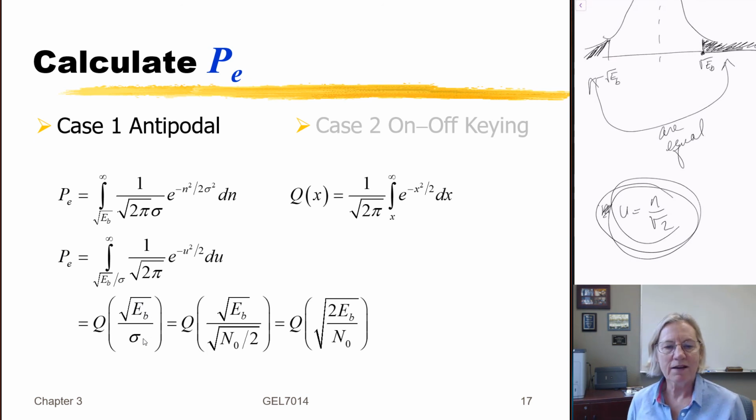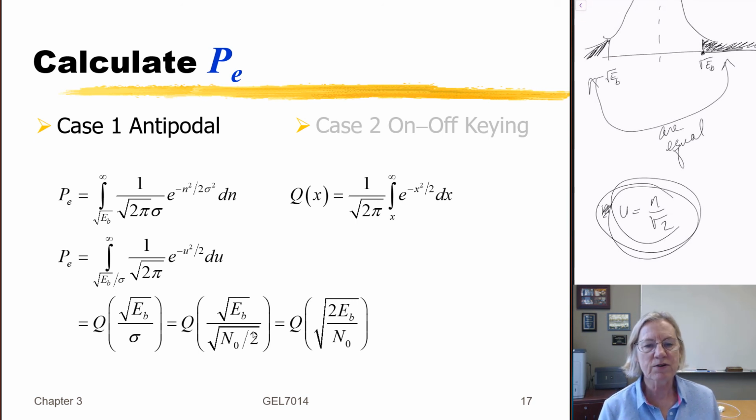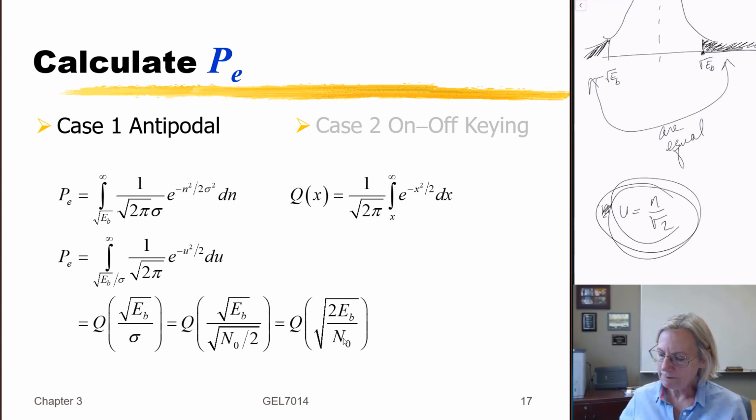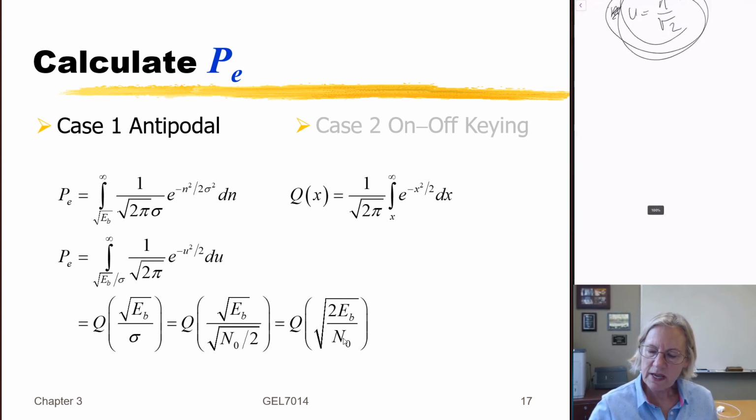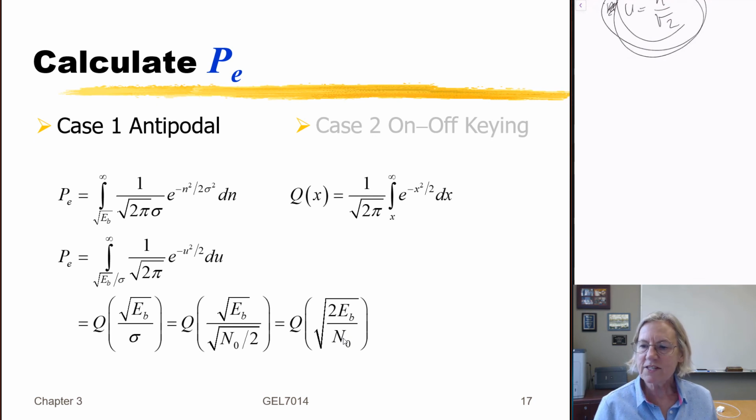And remember, sigma is just the square root of N0 over 2, and so we often want to write it in this form, and that would mean that the probability of error for antipodal signaling is the Q function of the square root of 2 EB over N0. Okay, so you recall that I said that there are 3 topics of greatest concern in communications, and one of them was the bit error rate versus SNR, or power efficiency.